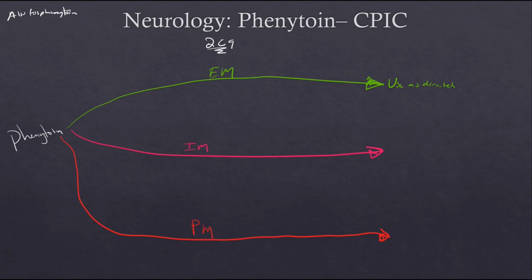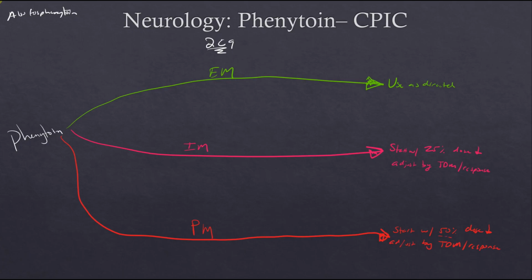If you're an intermediate metabolizer, you want to start with a 25% decrease in the dose and then adjust by therapeutic drug monitoring or response. Then finally, if you're a poor metabolizer, you're going to start with an even greater decrease in the dose, this time 50%, and then again adjust by therapeutic drug monitoring and response.